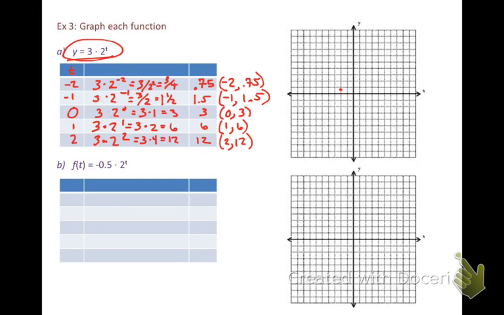Then 1, 3, 6, and 12. It's going to be a curve. Okay, so it goes up this way.